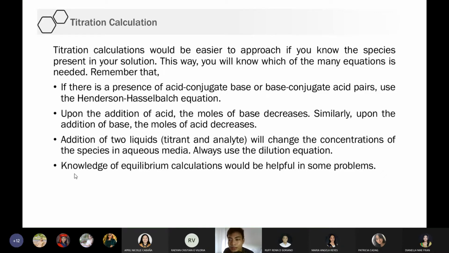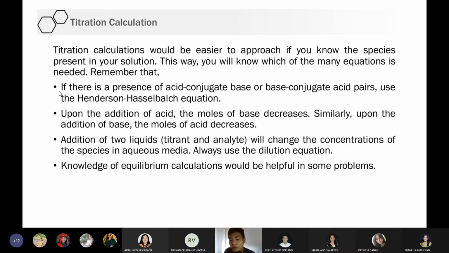Number 1, take note that when you have a weak acid and a conjugate base, or a weak base and a conjugate acid in your solution, you are in the buffer region. Kunwari, pinag-titrate ko kayo ng acetic acid, ng suka. So alam mo na pwede mag-exist yung buffer region kapag nadagdagan ang conjugate base. In the presence of these pairs, we can use the Henderson-Hasselbalch equation because we are in the buffer region.